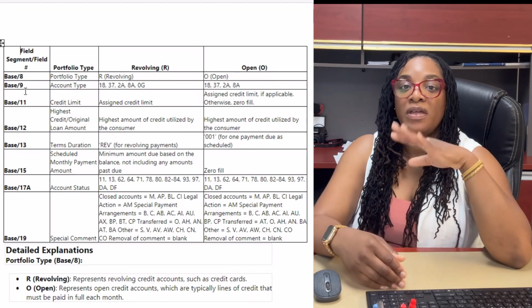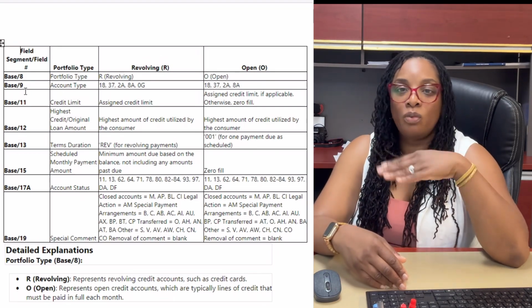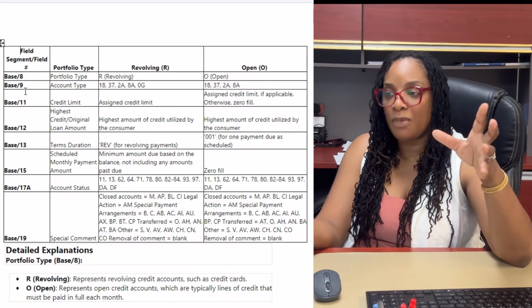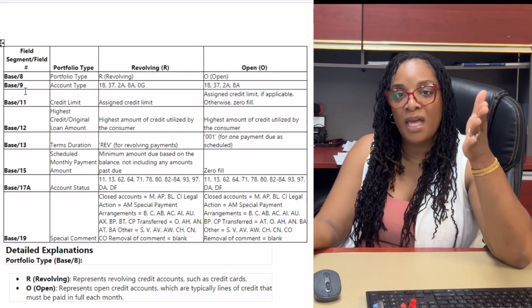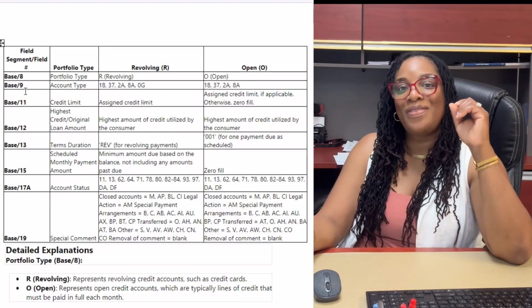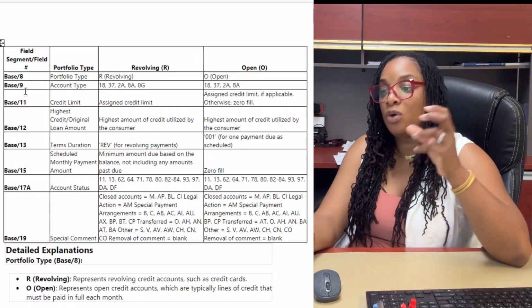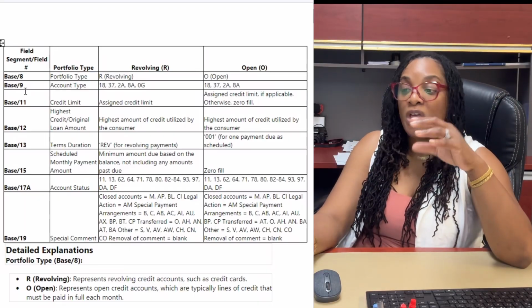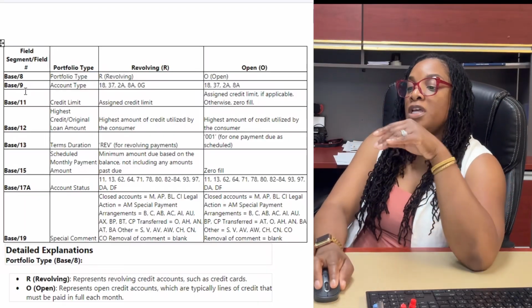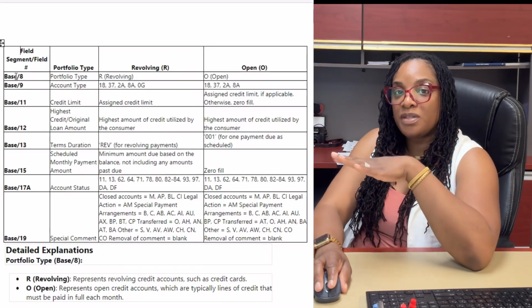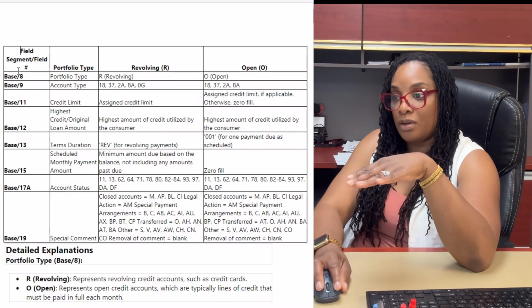That's going to be the title of your account, which means like if it's with Capital One, it's going to be where Capital One's name goes. Then you have your account field, that's next. And then third, you're going to have your account type field or portfolio type field. So this is the third field that you're going to see on your credit report as it pertains to your credit card accounts.